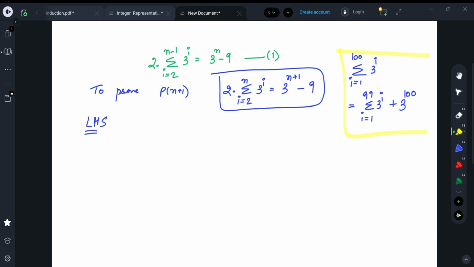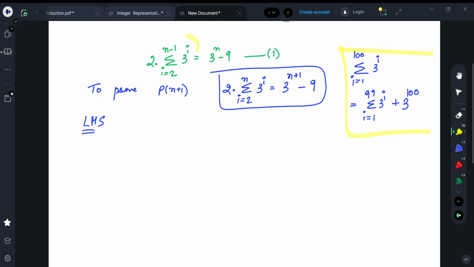Now why am I breaking this summation up? Because I have an easy form for this up to the second last term, and I have to use my assumption. So I break this up. The 2 goes with both summations. Summation going from i equals 2 up to n minus 1, 3 to the power i, and then I'm gonna add 2 times the last term.